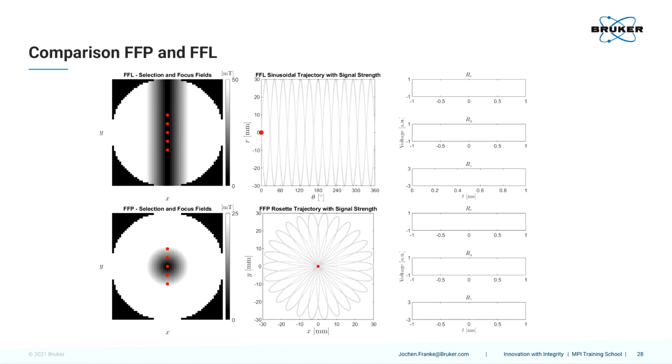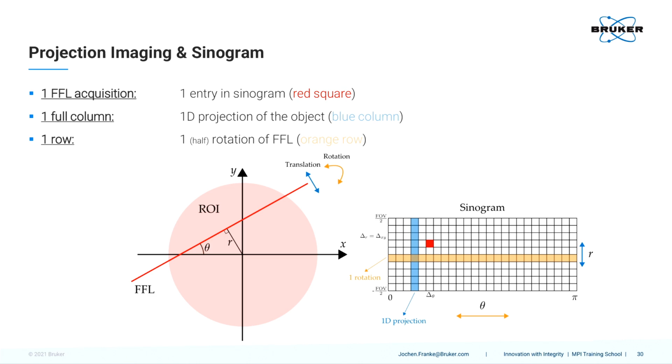So this angle represents this column here, and we can do this for each and every angle in order to fill our sinogram. But please keep in mind, we always measure the integral of our field of view along this field free line. Okay.